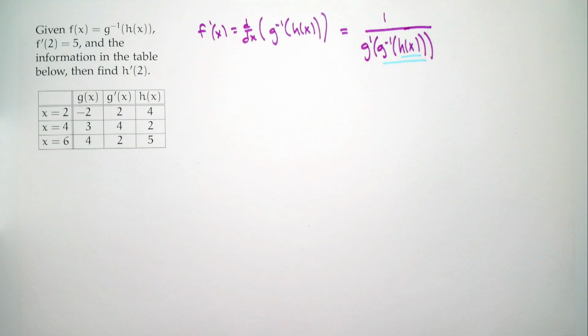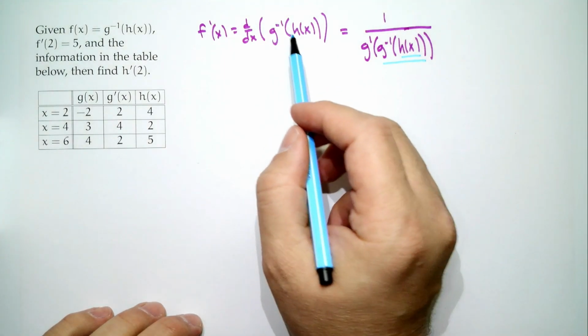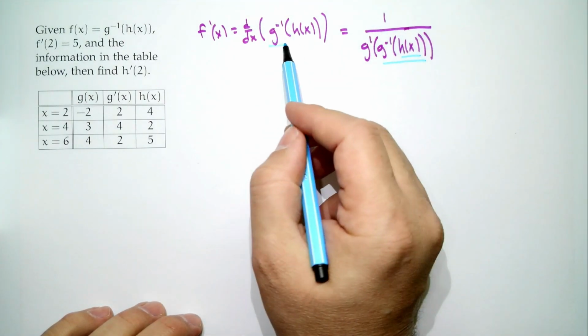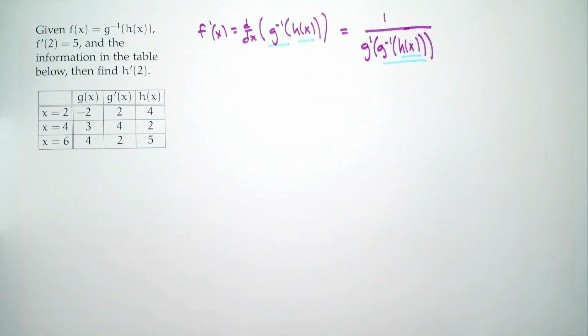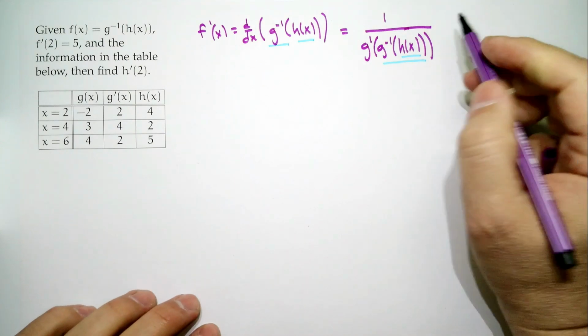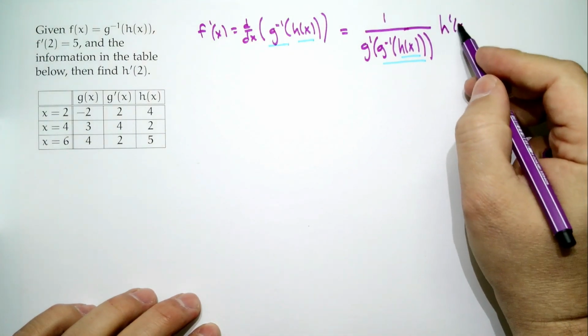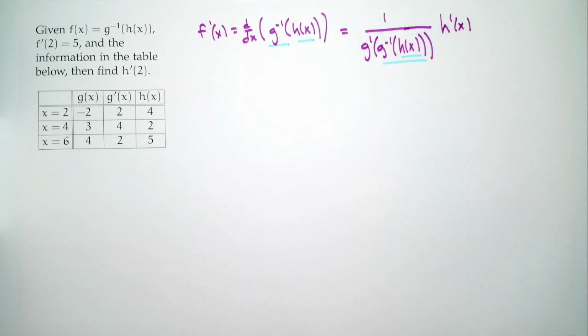So you should really think about it as the derivative of g inverse with h of x plugged in. And now we're going to multiply it by the derivative of h of x, which is h prime of x. All right, so that was actually the hardest part, making sure we knew the formula for the derivative of the inverse, and that we correctly applied the chain rule.